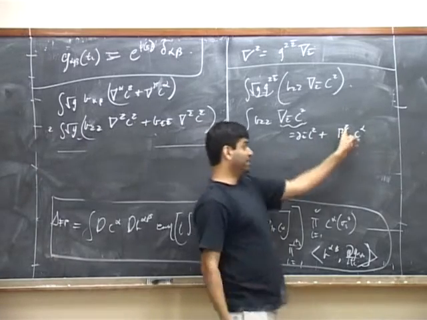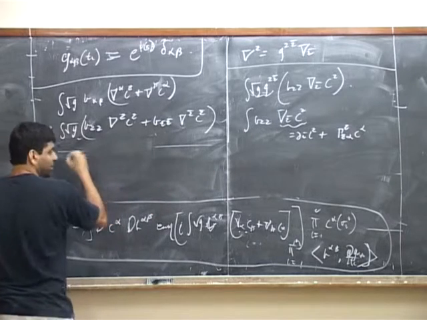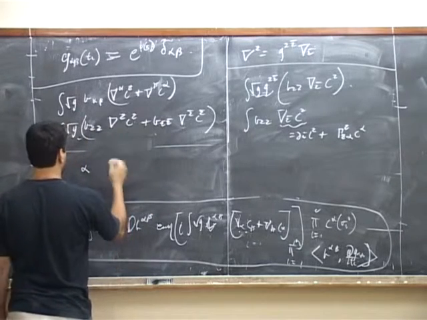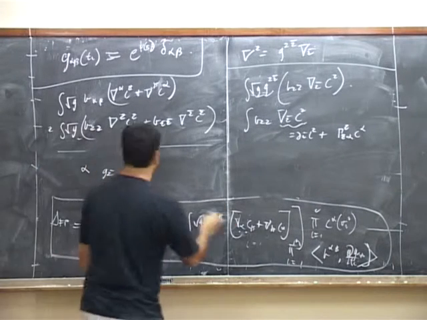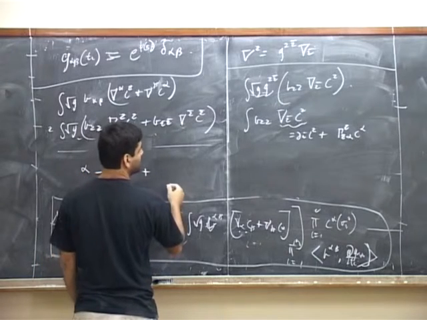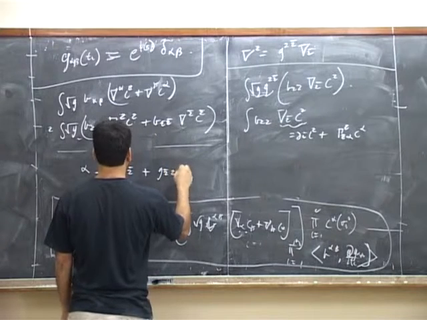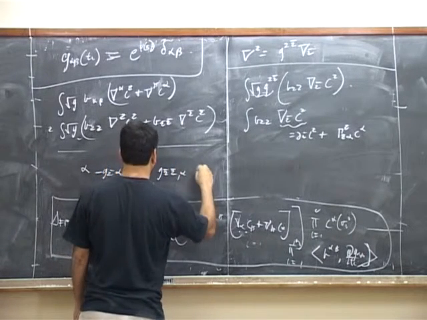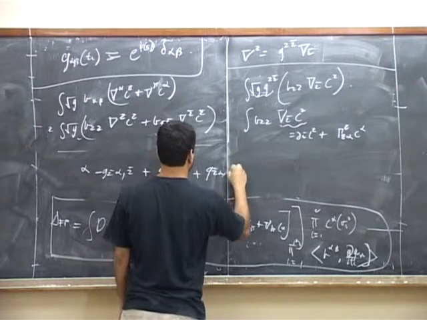When we lower this index, it will become a Z bar. This is proportional to g Z bar alpha derivative with respect to Z bar, minus sign, plus g Z bar alpha plus g Z bar alpha Z bar.